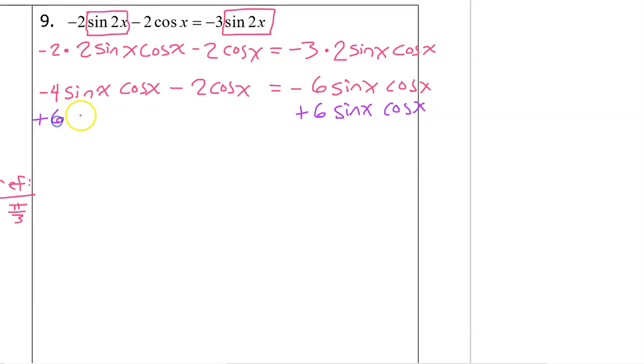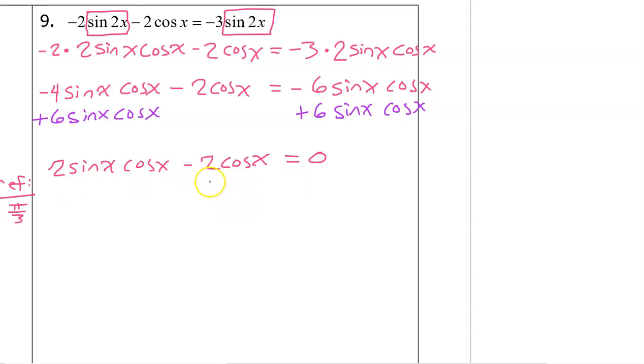So we are adding 6 sine x cosine x to both sides of the equation. Notice that we do have like terms here, so we might as well line them right up. So this will give us 2 sine x cosine x minus 2 cosine x is equal to 0.